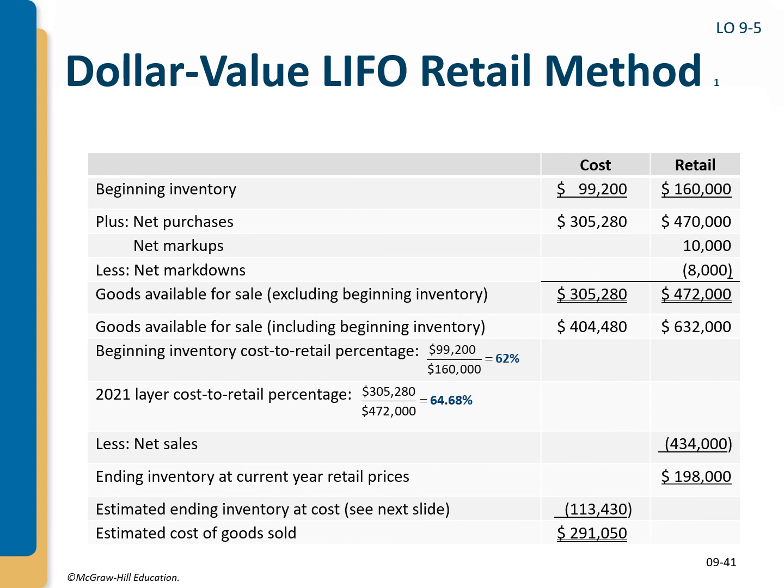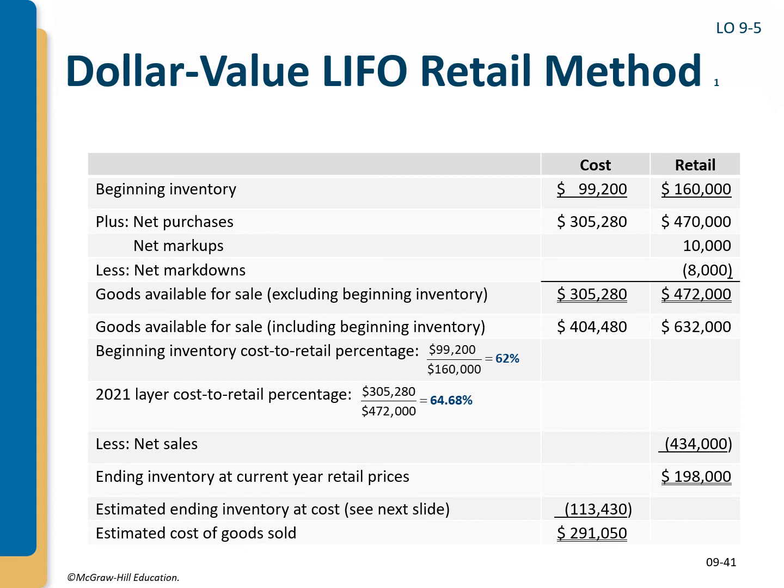Okay, so 99,002 is our cost, retail, goods available for sale for the purchases, 305,280, retail 472. We still calculate our beginning inventory cost to retail percentage, 62%, cost divided by retail of only the beginning inventory, and then the 2021 layer cost to retail percentage, the cost of all the purchases for that year divided by the retail, including subtracting markdowns.